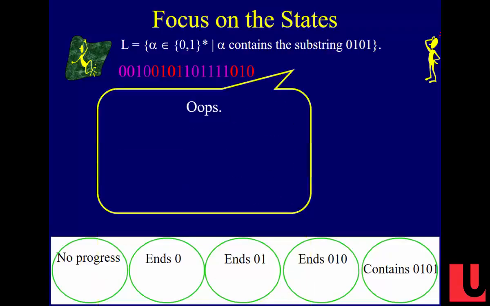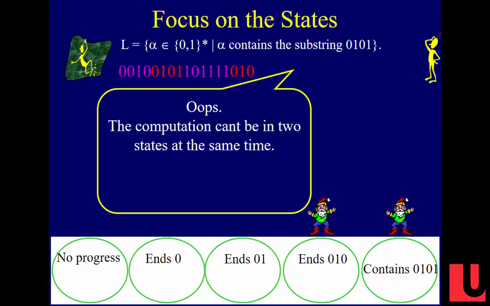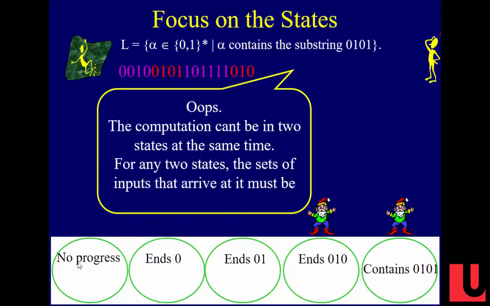Yeah, exactly. We don't want two guys. The computation can't be in two places at the same time, for any two states. So another way I think about a state is I think about the set of strings that will end up there.